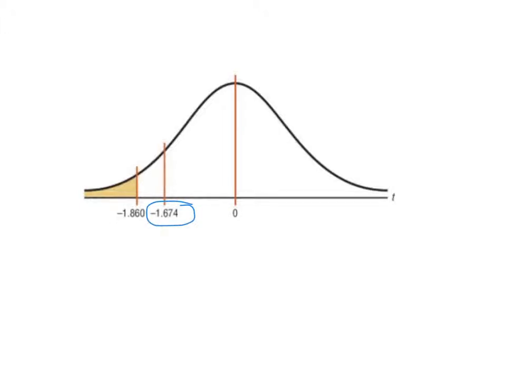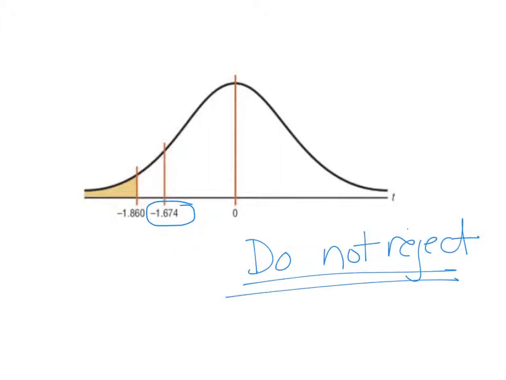Right. You'll notice now our step 4 is to make a decision. We do not reject, because it is not in the shaded area. See? So do not reject. Right? And then step 5 is state the conclusion. So we didn't reject, so we're keeping the null.